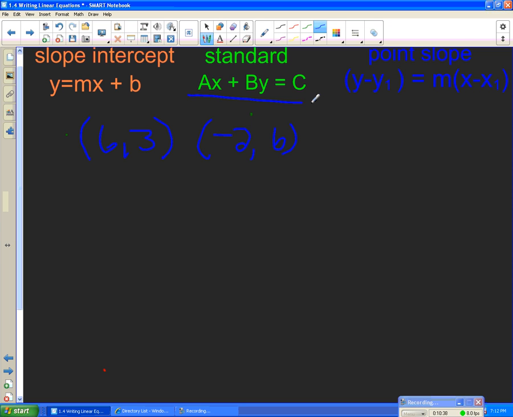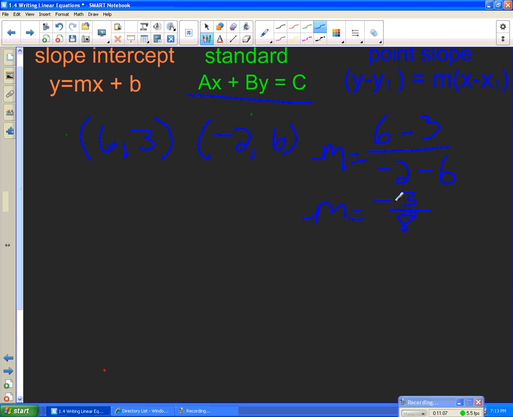So the first thing I'm going to do is find my slope. My slope is going to equal the difference in my y's over the difference in the x's. So I'm going to start with the second point and say 6 minus 3. And then I have to start with a -2 because I started here first. So -2 minus 6. So my slope is going to be 3 over -8. So my slope is -3/8.